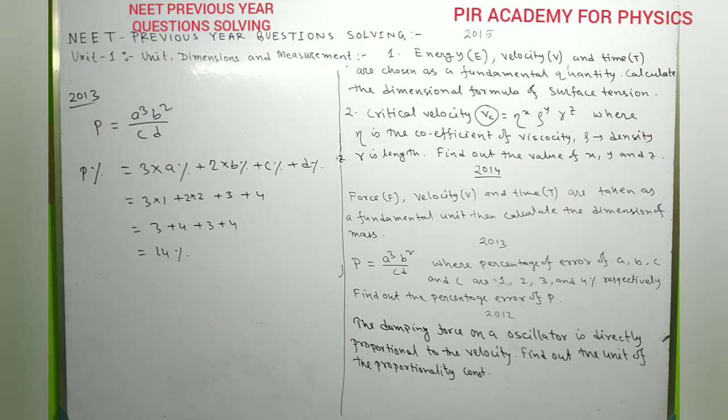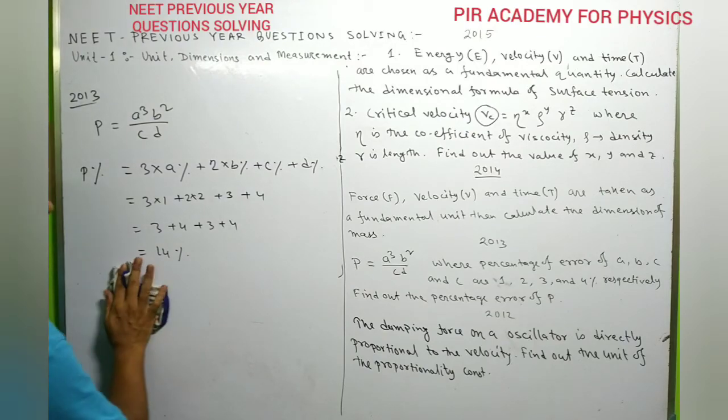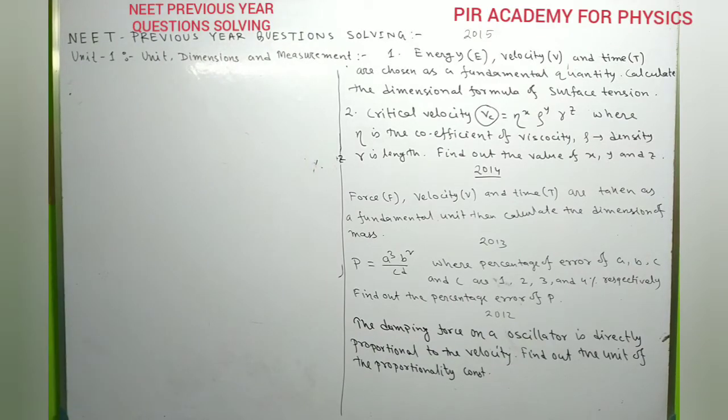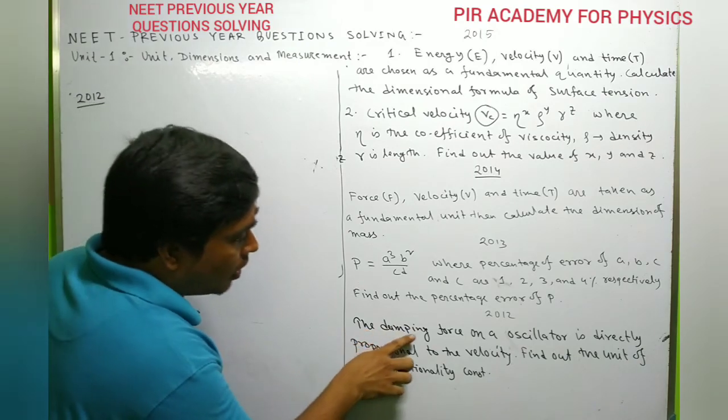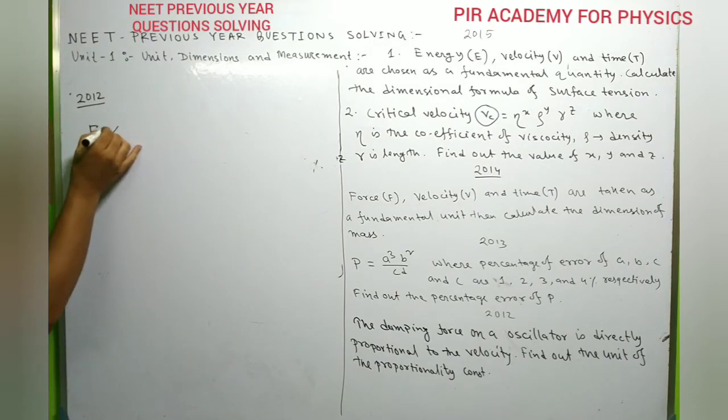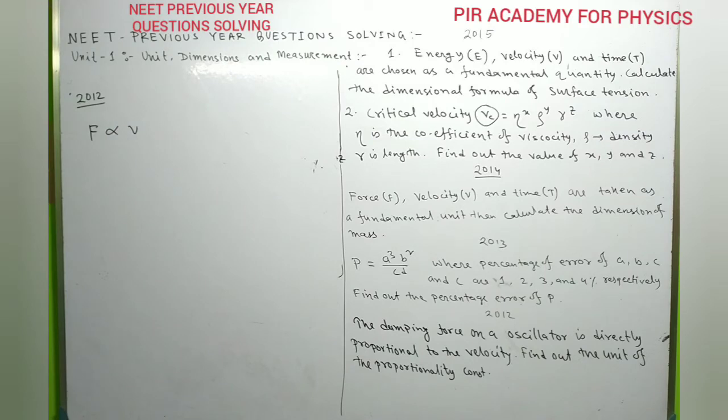So the percentage error of P will be 14. Now 2012. In 2012, you see that this is a very common question. The damping force on an oscillator is directly proportional to velocity. That means F is proportional to velocity.